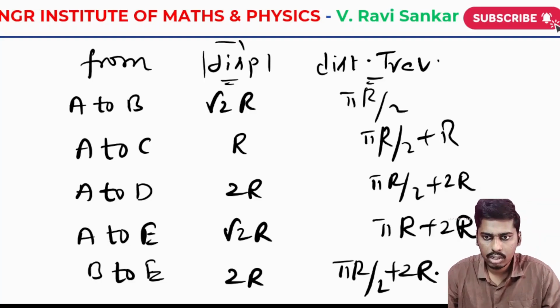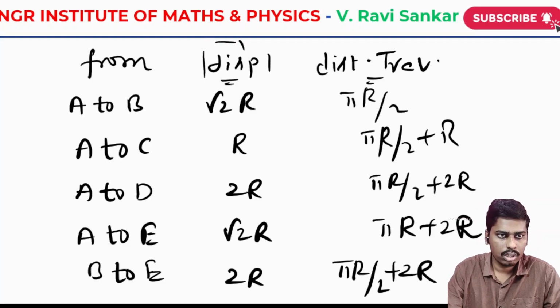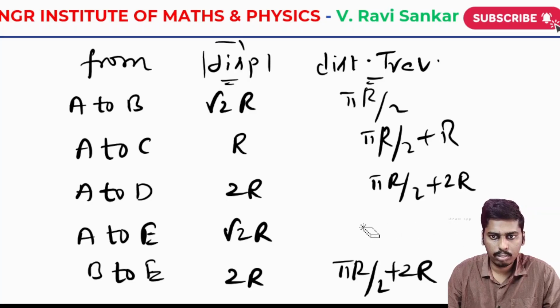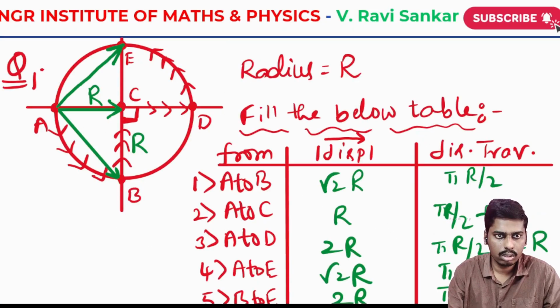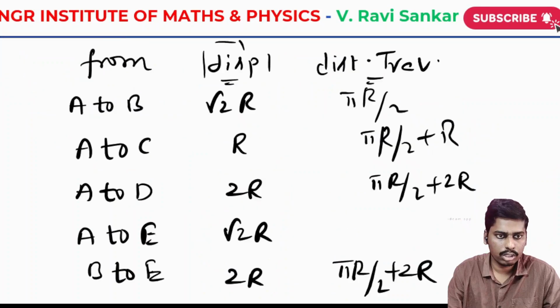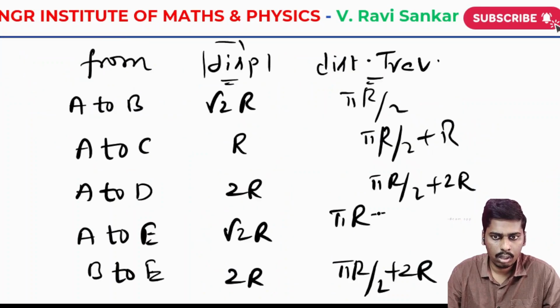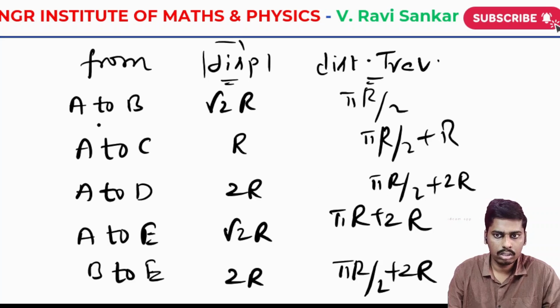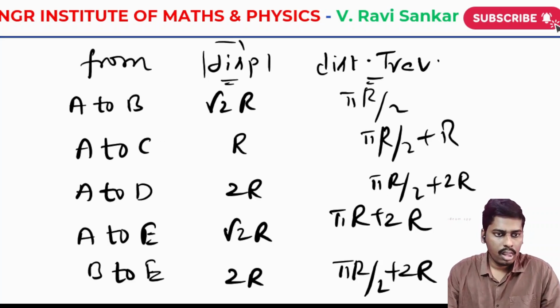Yes, these are the values. Let me write it over here: pi r by 2, pi r plus 2r.